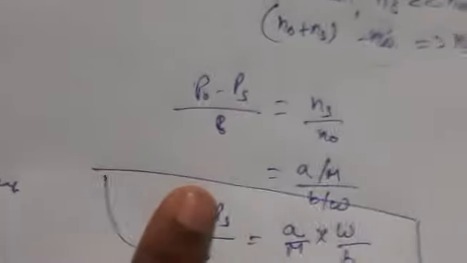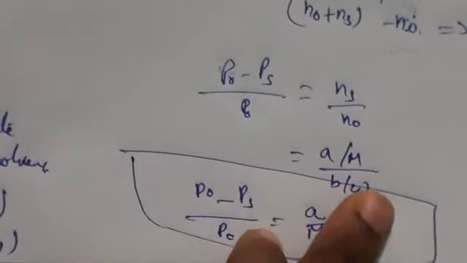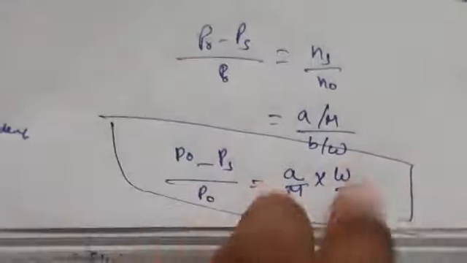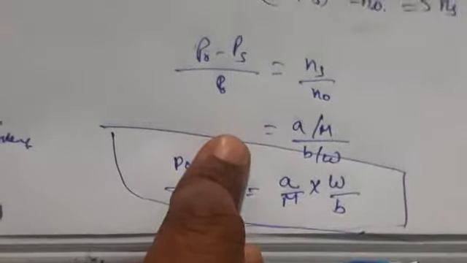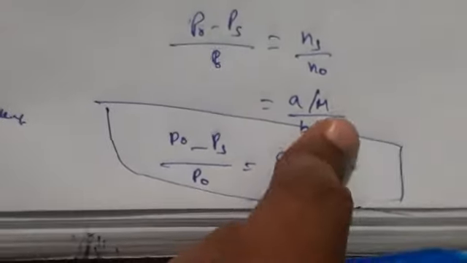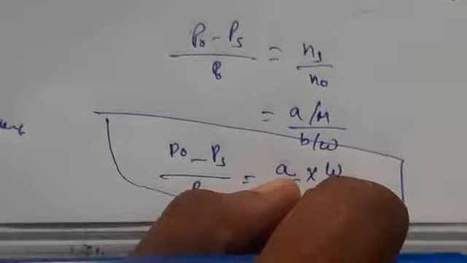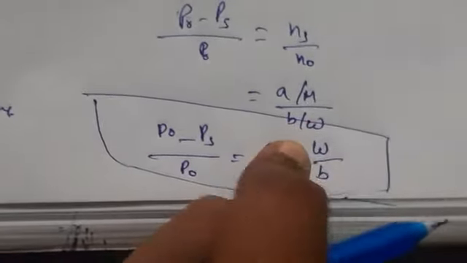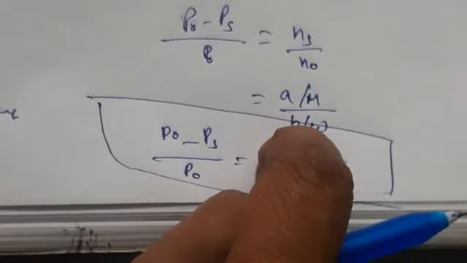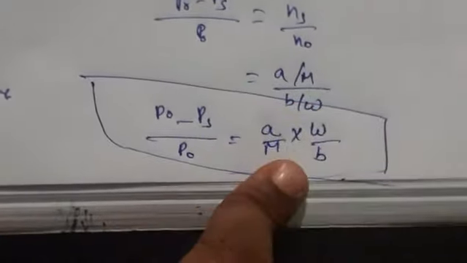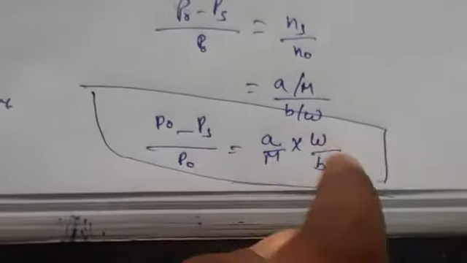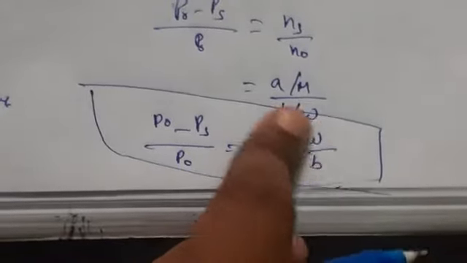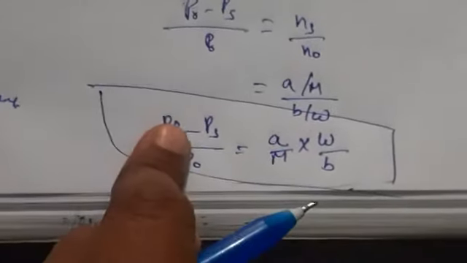By this, the vapor pressure of the solution and the pure solvent are determined. Then, knowing the weight of the non-volatile solute, that is A, the weight of the solvent, B, and the molecular weight of the solvent, we can easily determine the molecular weight of the solute.